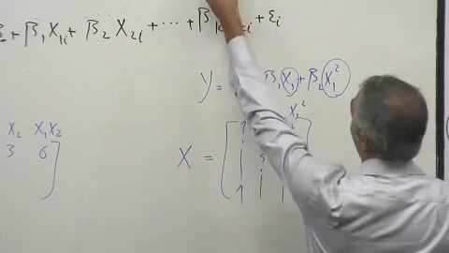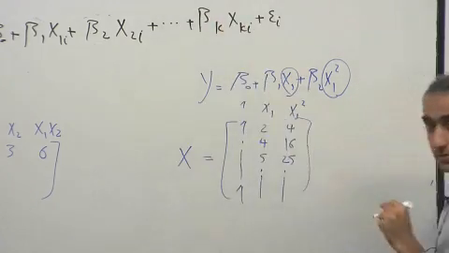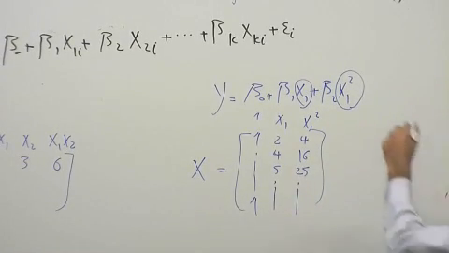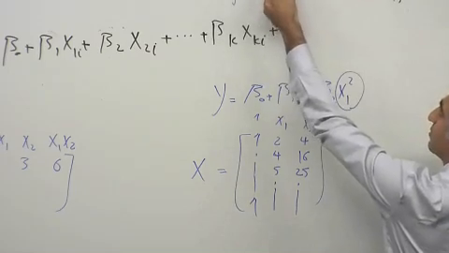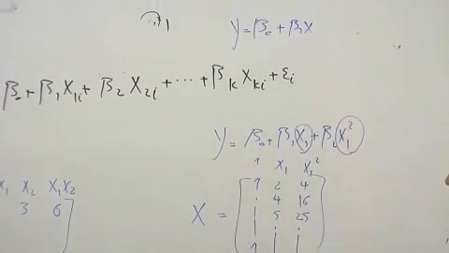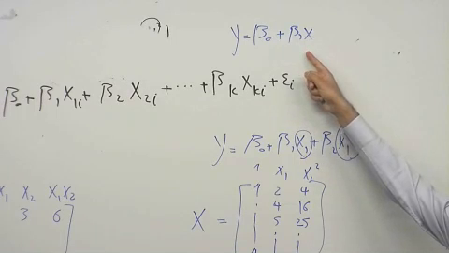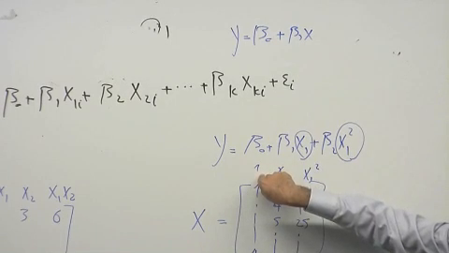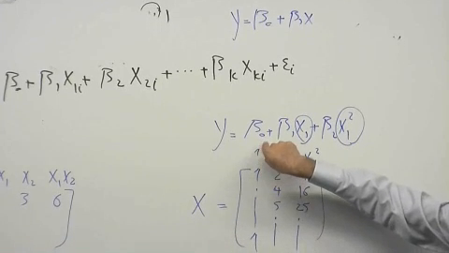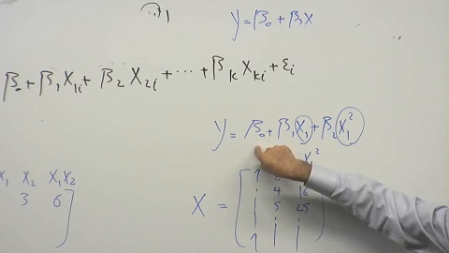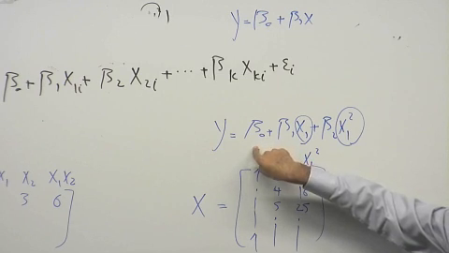Okay. Now, do you have any questions so far? No? Let me ask you a question. So beta 0 plus beta 1 x, this is simple linear regression. What is this guy? Multiple regression? Linear or nonlinear? Nonlinear. Everybody agrees? This is linear regression. Okay?